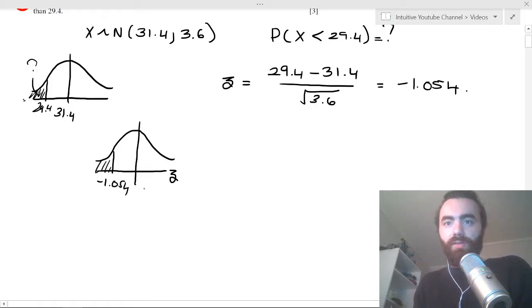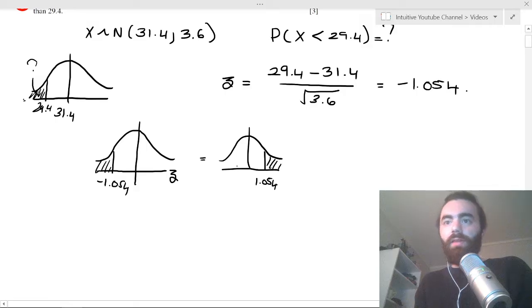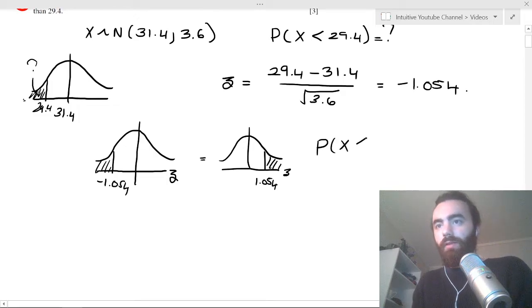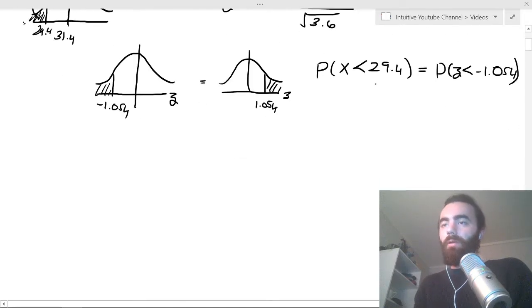Well, because this is symmetric, we can say that this is the same as finding this area for z. So we can say, first of all, now that we know that, to find the probability that x is less than 29.4, well, this is the same as trying to find the probability that z is less than minus 1.054.